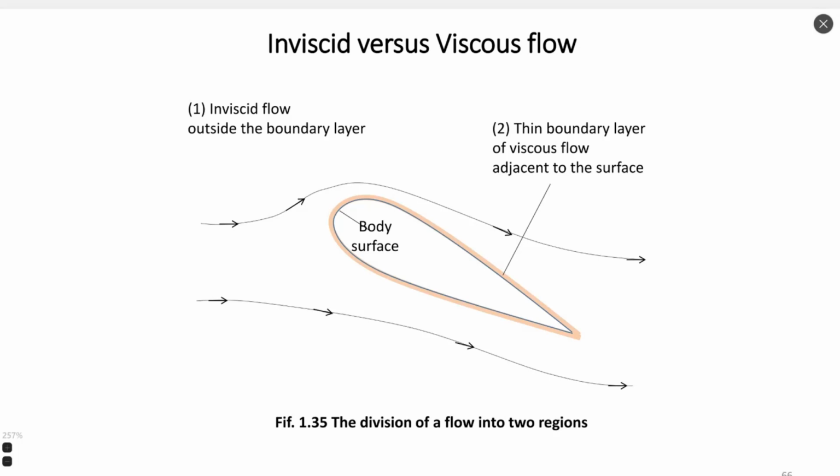Inviscid versus viscous flow is extremely important, especially in application to aerodynamic structures with a high lift-to-drag ratio, like airfoils, where we can see two regions: flow outside, which is inviscid, and flow near the body, which is very thin and considered as viscous, where we can take into account skin friction, forces, and the energies related to the interaction of body and flow.